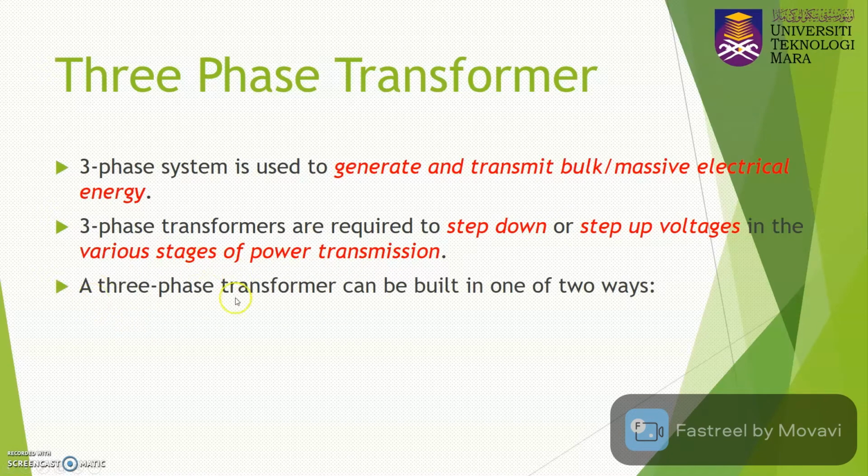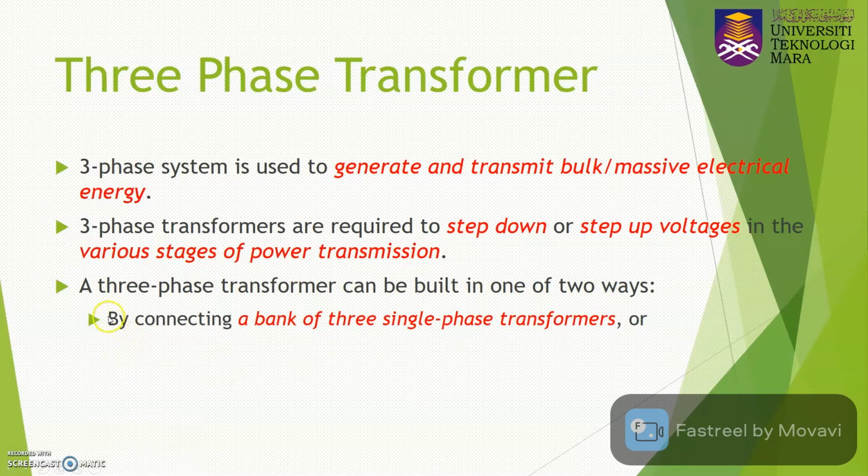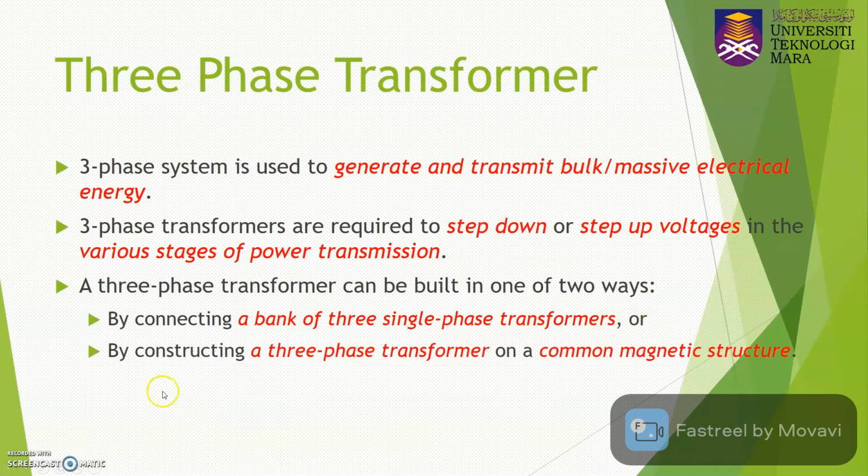The three-phase transformer can be built in one of two ways: either by connecting a bank of three different single-phase transformers, or you can construct the three-phase transformer on a common magnetic structure. In this video we will be focusing only on how to connect a bank of three single-phase transformers.